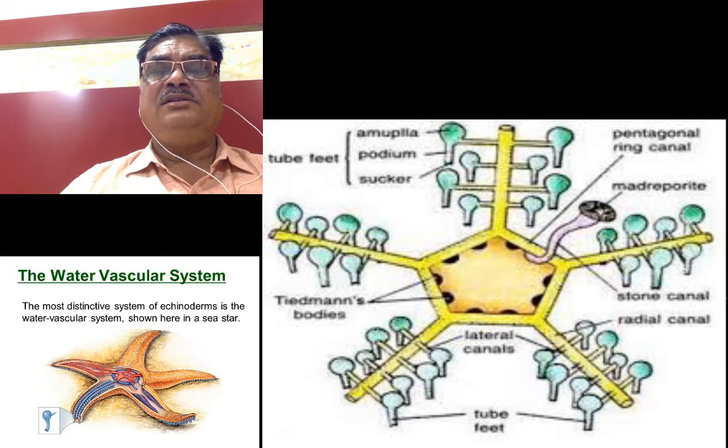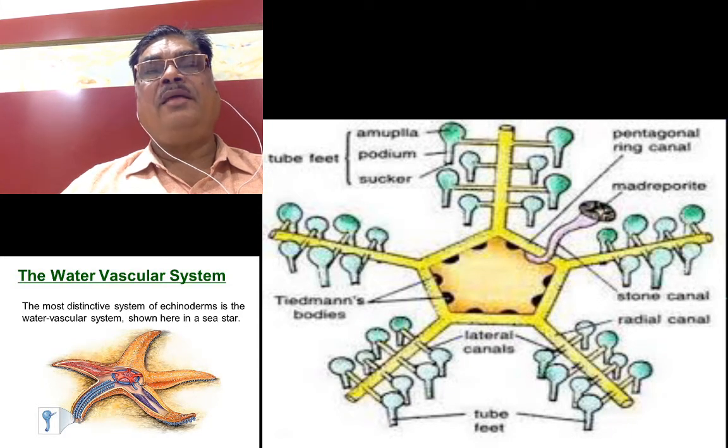Friends, the starfish has 5 arms, it is star-like, therefore we are calling them starfish. They are marine. They show radial symmetry. They have 2 surfaces. The surface which shows presence of the mouth at the center is called the oral surface.